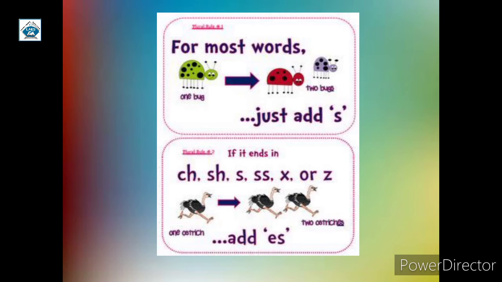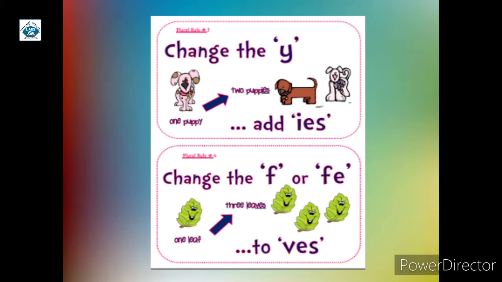But in this rule, you have to replace Y and add IES, like puppy and plural form is puppies. You can see Y is replaced here. Few more examples like lady, ladies. LADY, lady, will replace the Y and add IES.